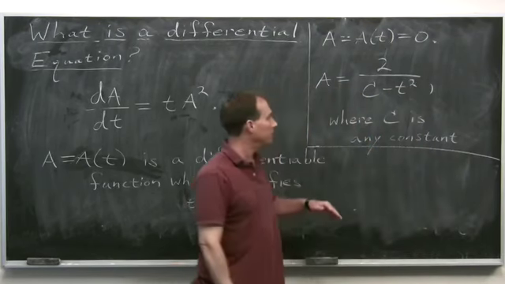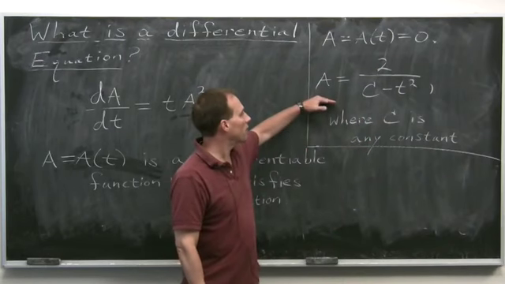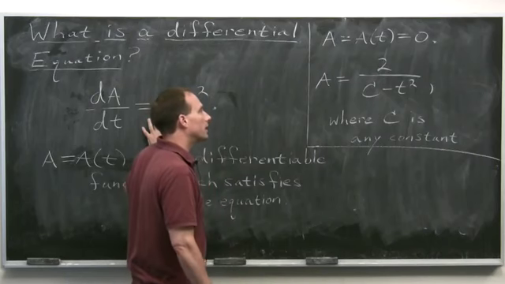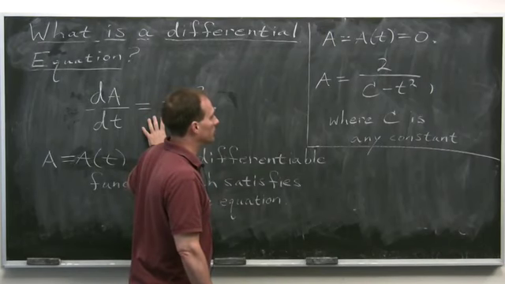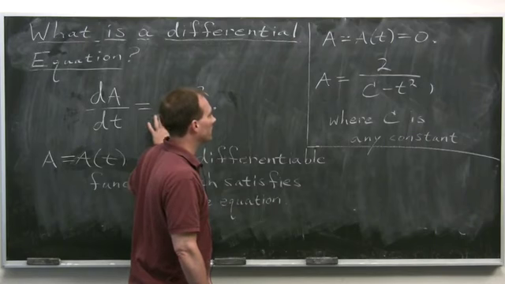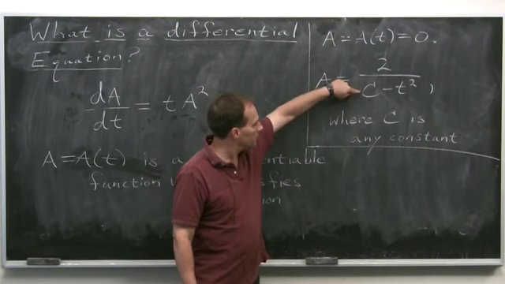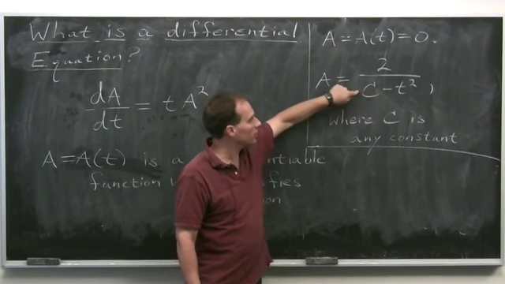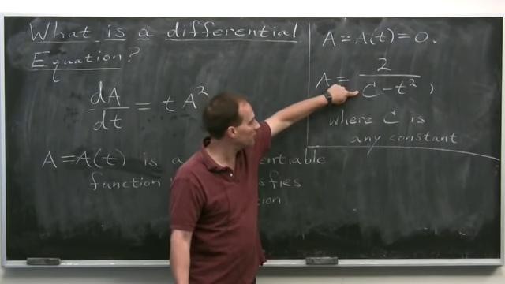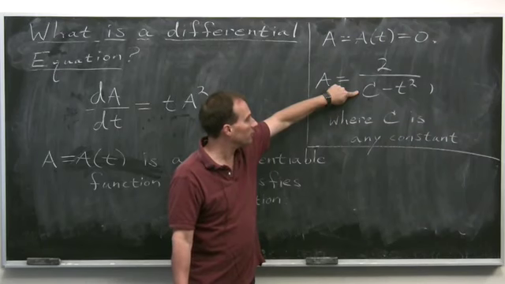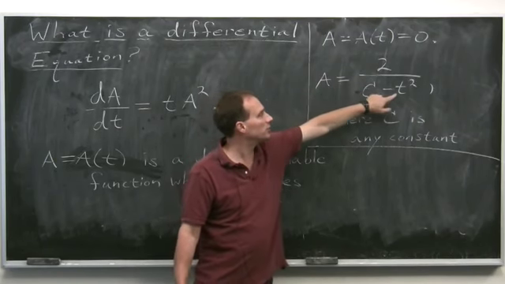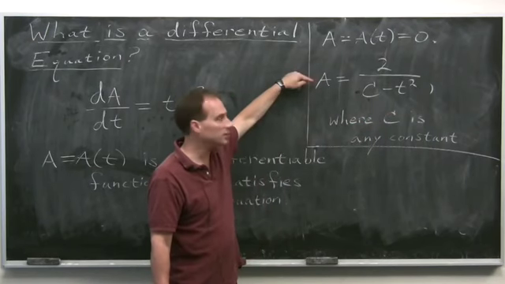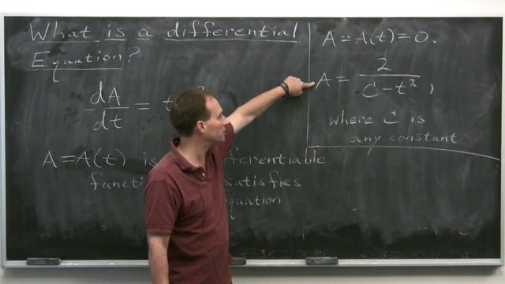So I claim that this represents all of the solutions to this differential equation, at least solutions defined on intervals. As you can imagine, if t squared were to equal c, say c were 2, then when t is plus or minus the square root of 2, the denominator would hit 0. So this function is not defined every place.